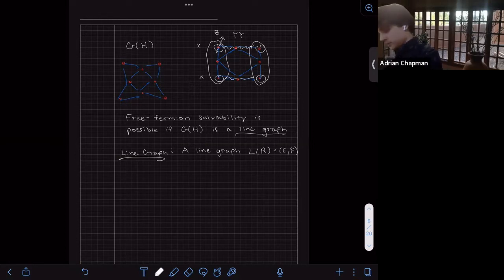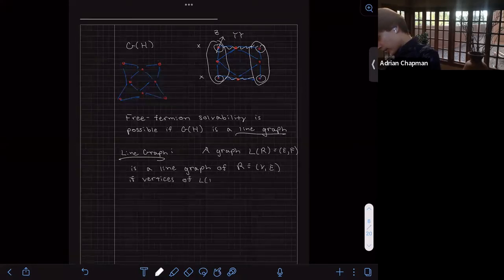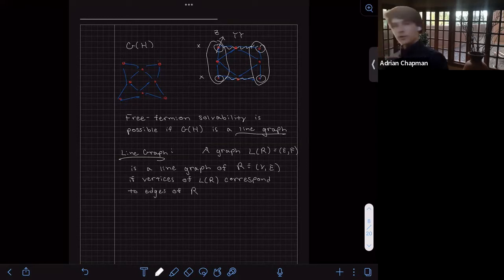The graph is a line graph of the graph R, called the root graph, if the vertices of L of R correspond to the edges of R, and the vertices are neighboring in L of R if the corresponding edges are incident.